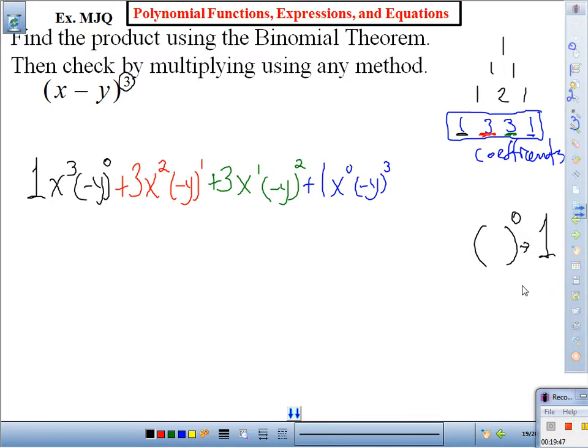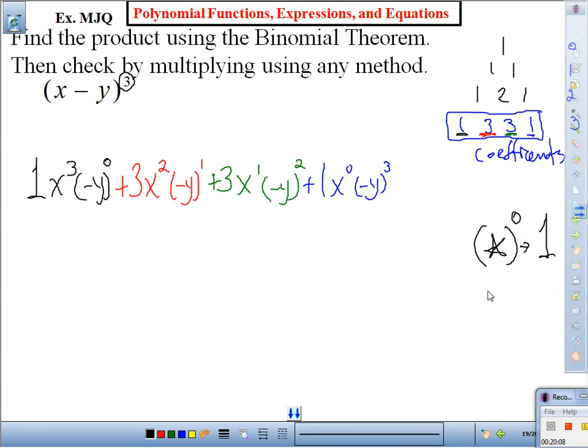Any number. Think of a number, a huge number. Negative 23 million to the 0 exponent is 1. Or let me see, how about star to the 0 exponent? 1.